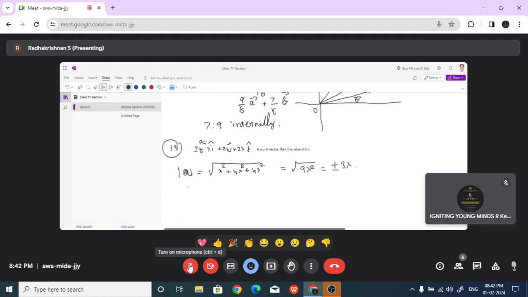That is the magnitude. So if it has to be a unit vector, then we'll have to divide by the magnitude, right? So it is plus or minus 1 by 3. Okay. Lambda equal to plus or minus 1 by 3. Did you all get this?